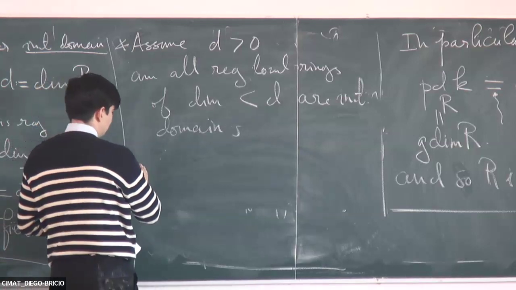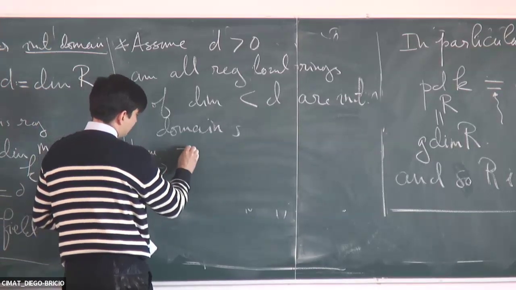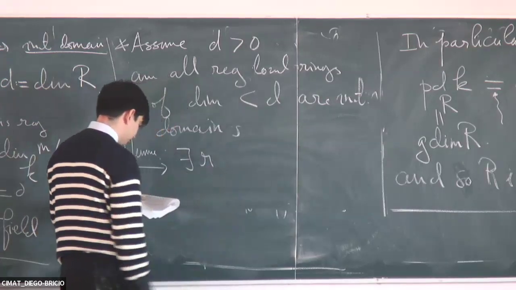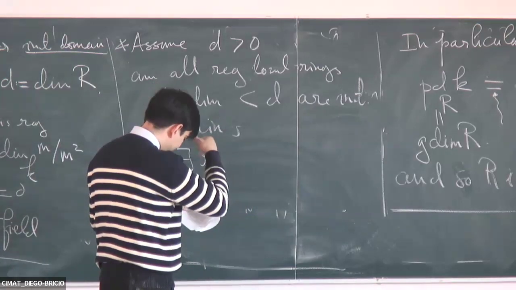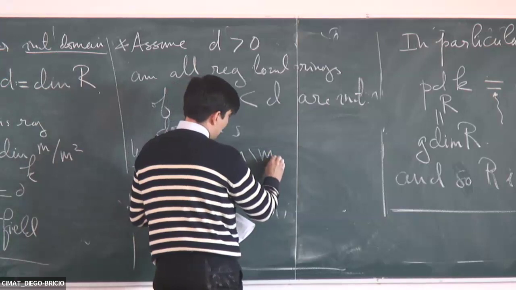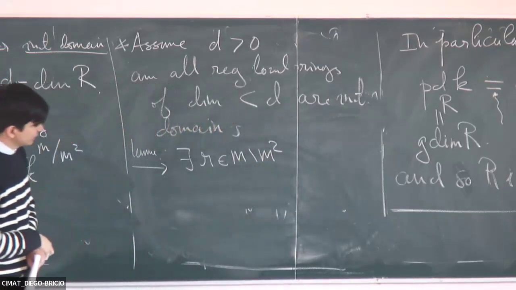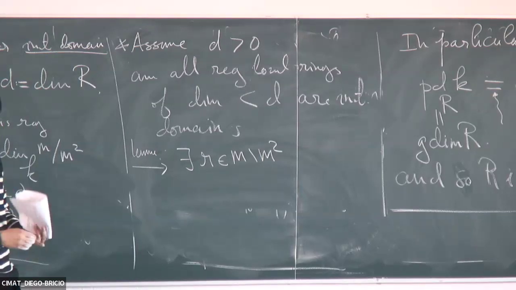Look at this. Using the lemma, there exists r in n, avoiding n squared. Notice that this is just another way to say that r is for sure part of a minimal set of generators of the maximal ideal, right?